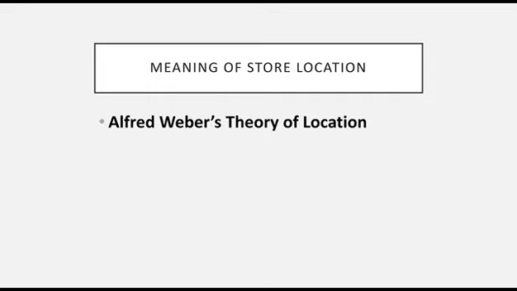These factors pull an industry towards different geographical regions and they ultimately determine the fundamental framework of the industrial orientation. He has identified various factors affecting the location of industries. Now let's try to understand what are those factors which are affecting the location of store of an industry.